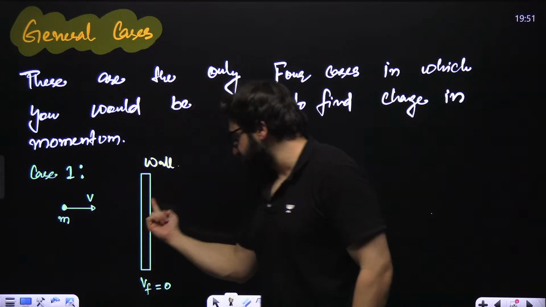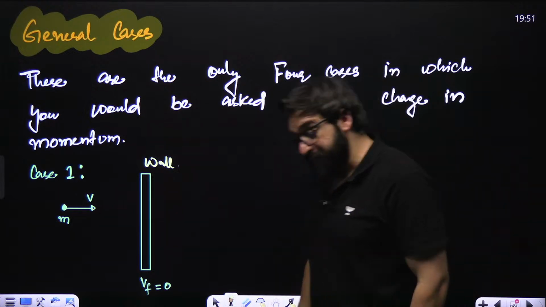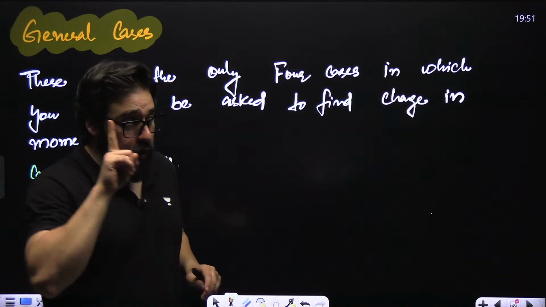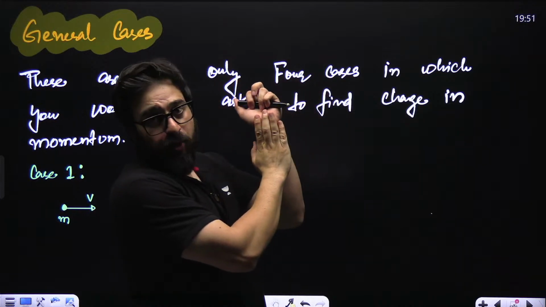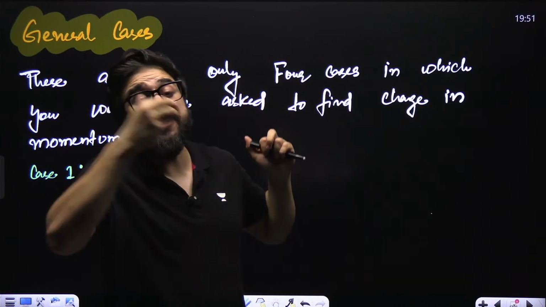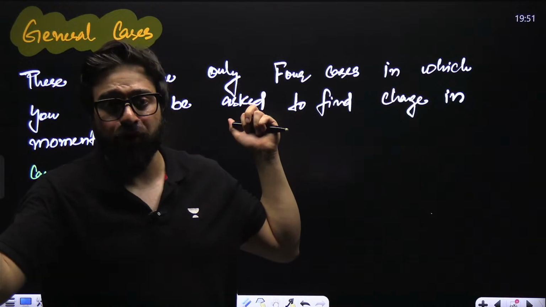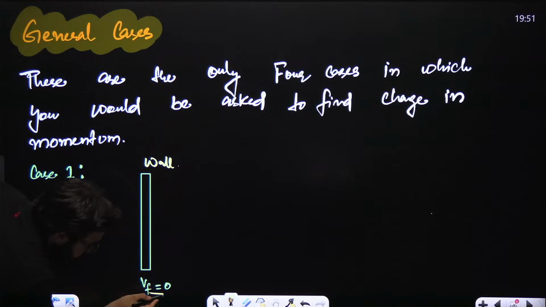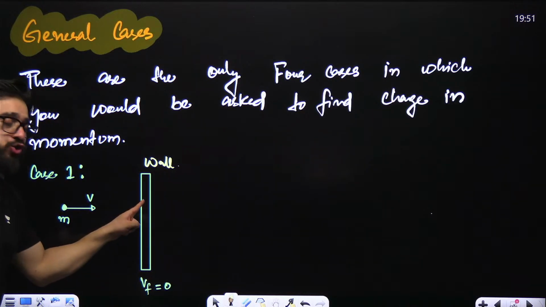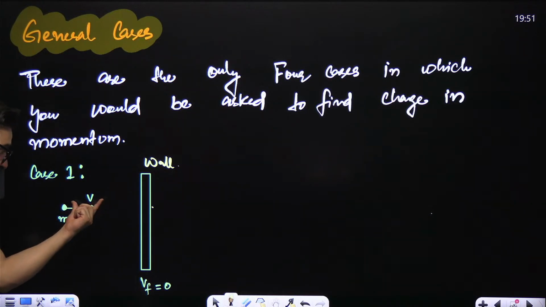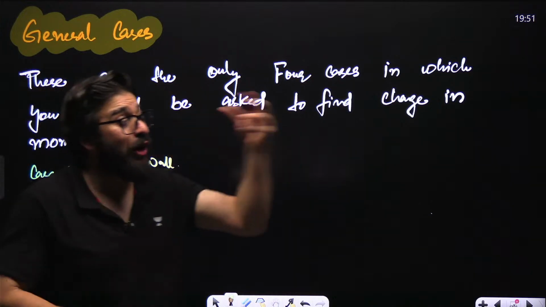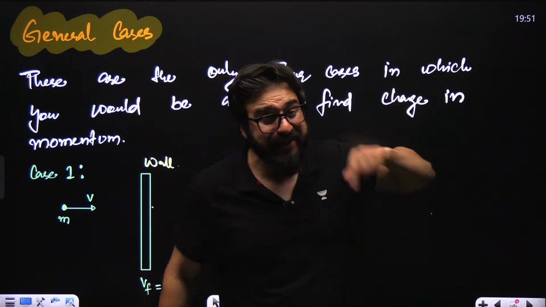Once it strikes the wall, it will not reflect back. It gets stuck over there. So we say the final velocity of the ball becomes 0, because it stops here. Initial velocity is v. Final velocity is 0 because it is not elastic. It does not come back.